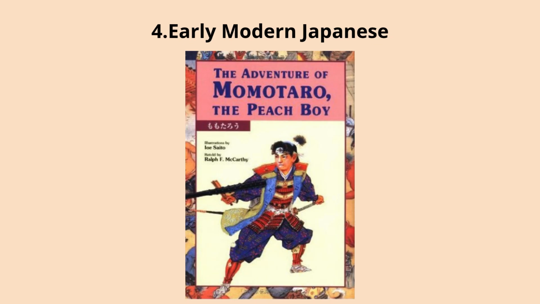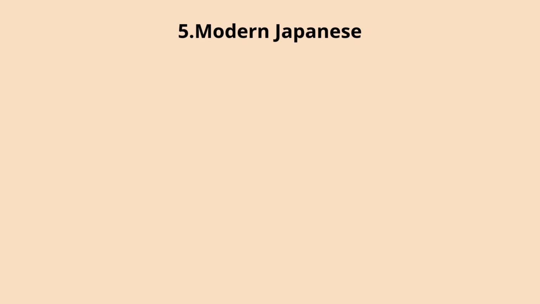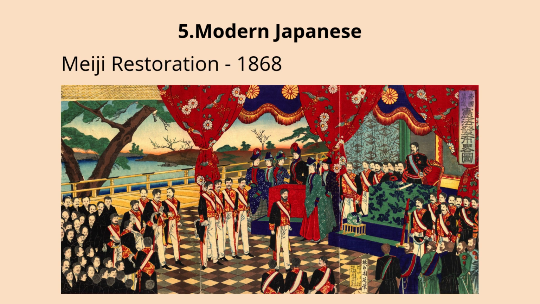Most importantly, the way people spoke in Edo became more important and was slowly seen as the main way to speak Japanese. Also, more popular stories and plays were written using language closer to everyday speech. This dialect became the direct basis for the modern Japanese we know today. Finally, we have modern Japanese, from the Meiji Restoration in 1868 till today.